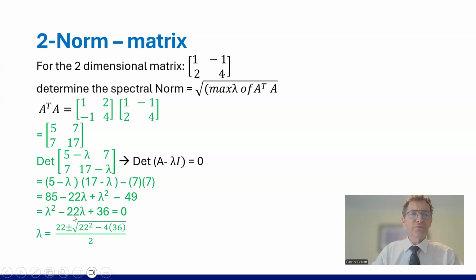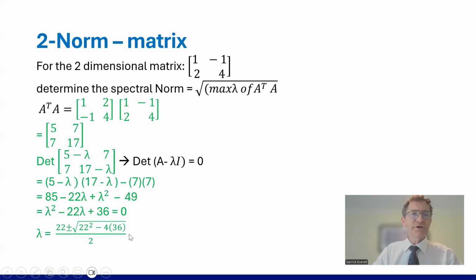Because of the 36, the closest factors you could get would be 18 and 2. That doesn't add up to 22, and then you go smaller. 4 nines isn't going to cut it, 12 threes isn't going to get us to 22. So we're going to have to use the quadratic formula: minus b plus or minus the square root of b squared minus 4ac, all over 2a.